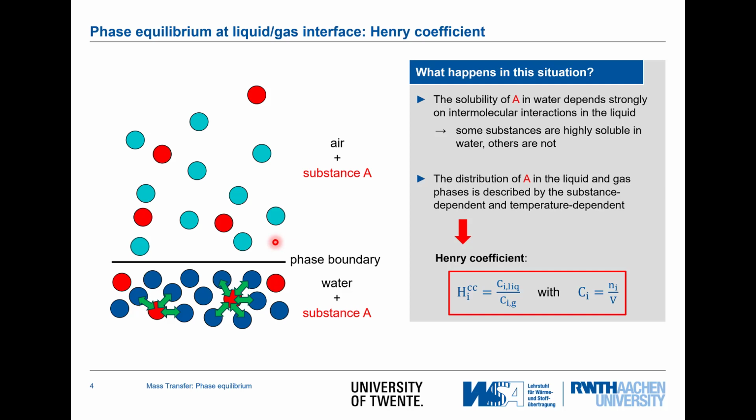The Henry coefficient is written here with a capital H, and it relates the concentration of a substance I, that's our substance A, in the liquid phase and in the gas phase on either side of the interface, with the concentration defined as a number of moles divided by the volume. And if I know the Henry coefficient and I know one concentration, I can calculate the other one. The Henry coefficient, as you see by the equations, is a non-dimensional property, which may cause some headache, and I will come back to that on the next slide.